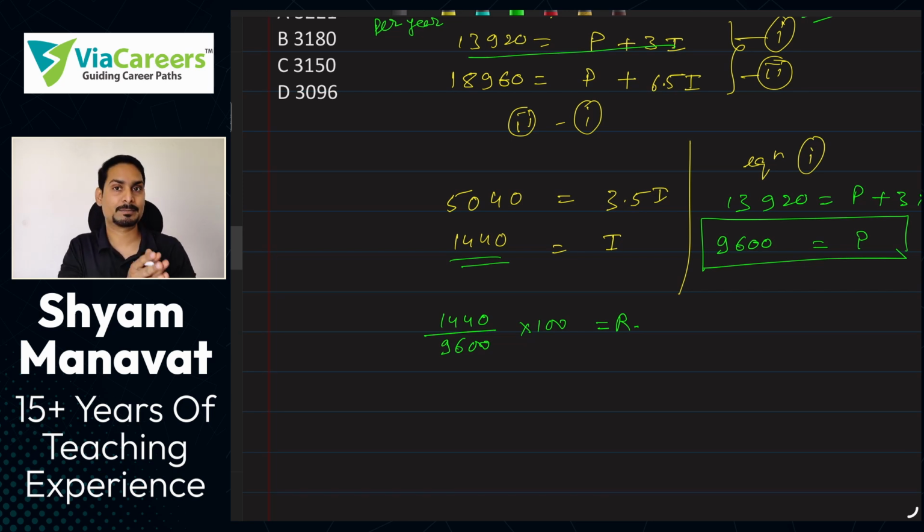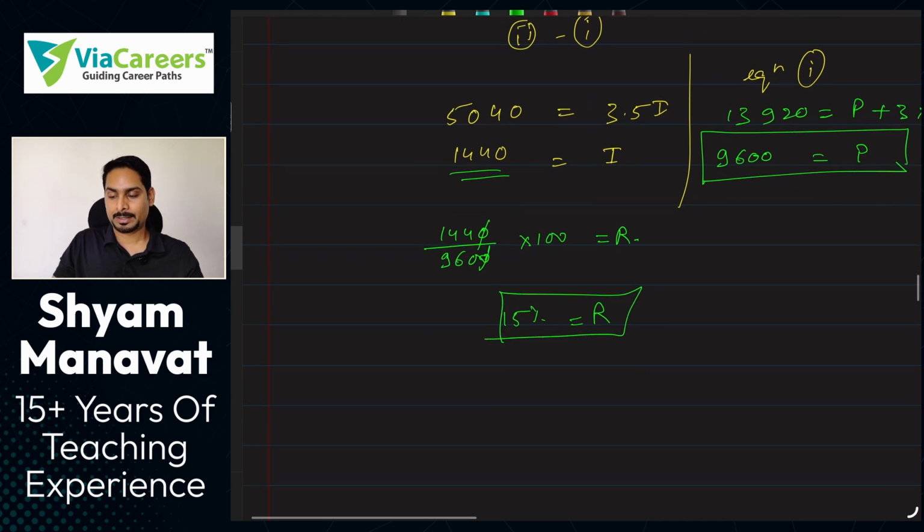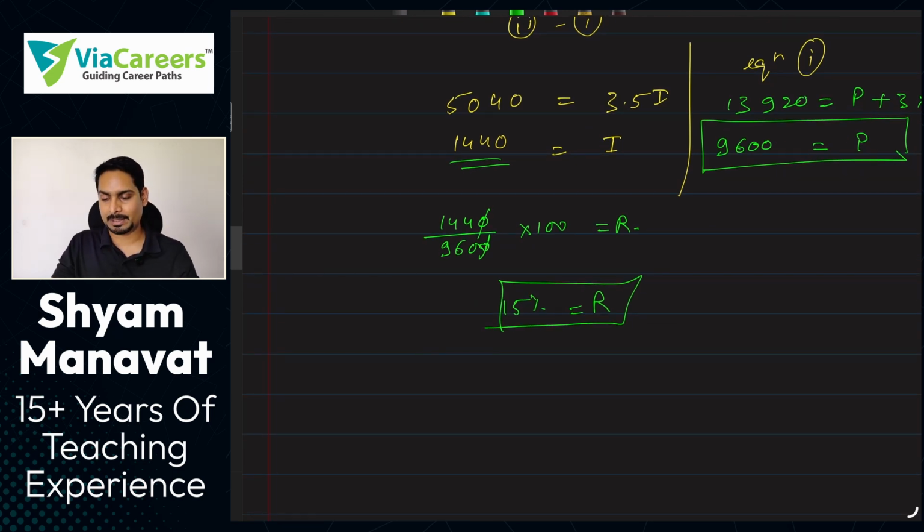If you apply the formula, simple interest equals principal into rate of interest into time by 100. Time is 1 here, rate of interest we need to find out. Principal we have, interest we have. Then to calculate the rate R, you can cancel here and simplify. So you will get R as 15%. It is not a very difficult calculation. You can cancel by 12. So 12 12s are, and then 12 8s are 96. It will be easy. So R is 15.